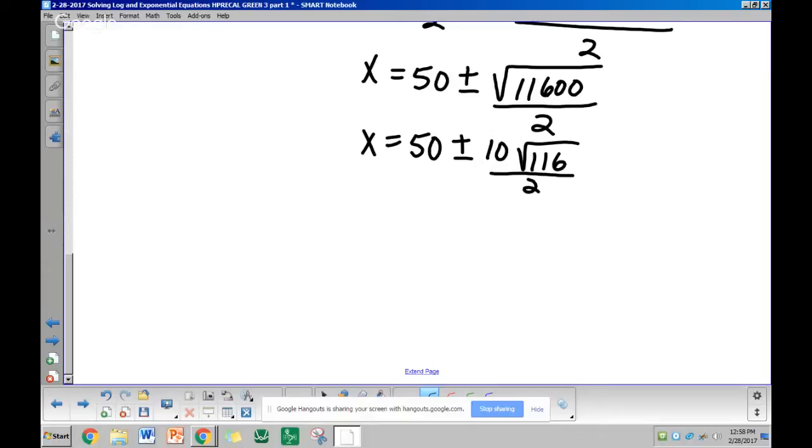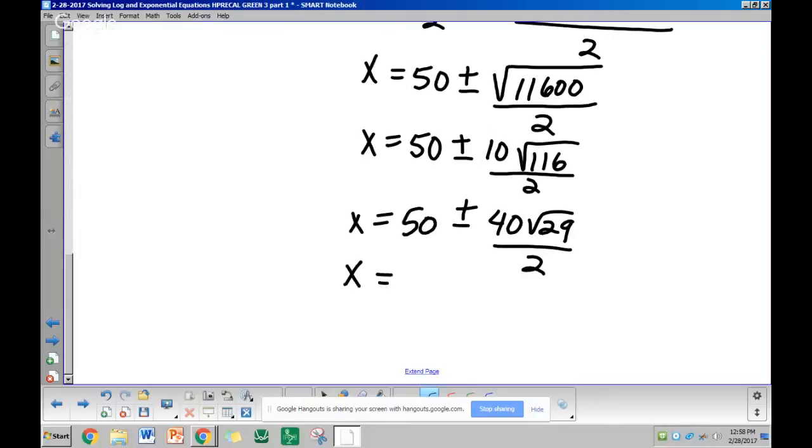Yes. Okay, so then this will be plus or minus 40 root 29 over 2, so x equals 50 plus or minus 20 root 29.